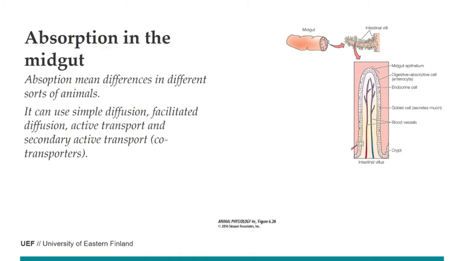Then we can have facilitated diffusion, like ion channels. There can be active transport, and then some secondary active transport, so these co-transporters. And one of the things that increases this absorption is, of course, how much area you have. That's why in the midgut you have these microvilli, etc. to increase the surface, so increase the area where this absorption can happen.